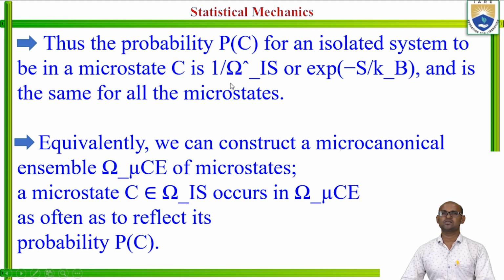So the probability of occurrence of any microstate is 1 over omega IS, and it can be written in terms of the exponential of minus S by k_B, where S is the entropy of this system and is the same for all the microstates.